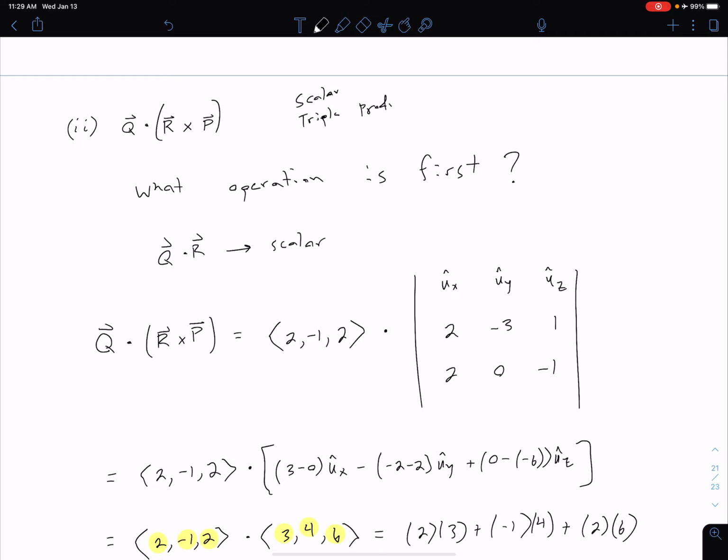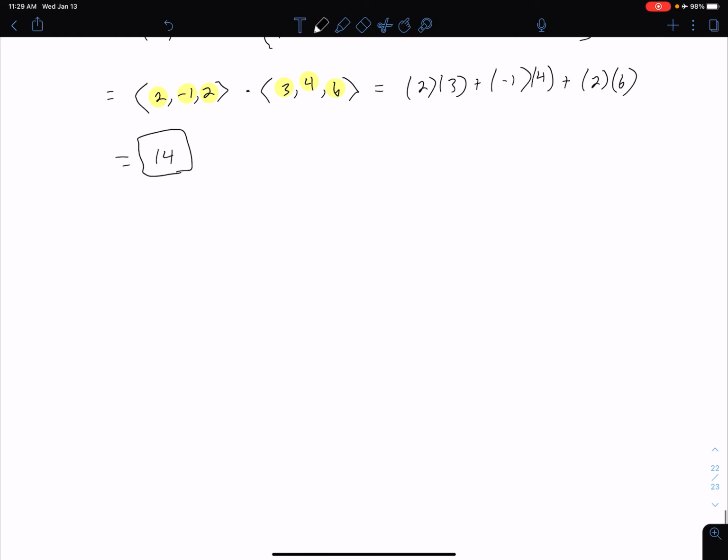So instead of doing a cross product and a dot product, we could have used our equation for the scalar triple product. And so what that looks like is we have Q dot R cross P is equal to a 3 by 3 determinant, but now we put our Q up here in the first row.